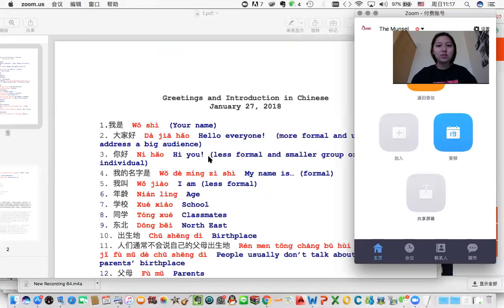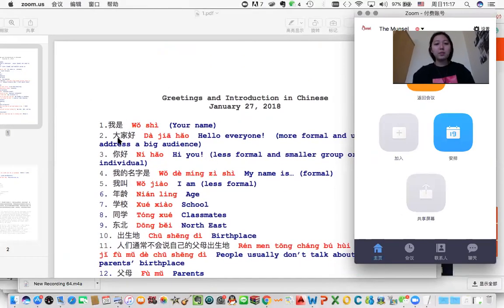If you're facing only one person, you start with 你好. And then you introduce your name. You can say 我是鱼, like I'm Yu. You can also say 我的名字是鱼, my name is Yu. Or you can say 我叫鱼, but it's less formal.